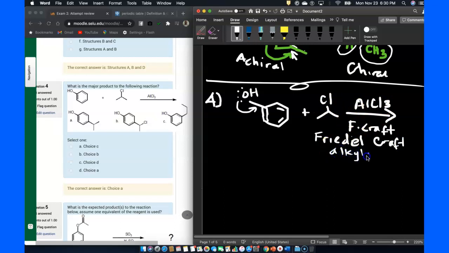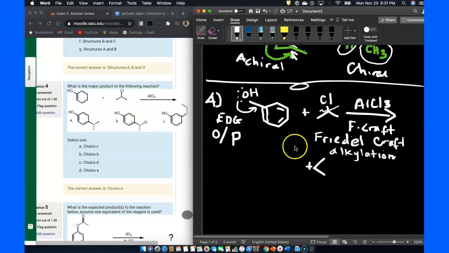Now, I've identified the 2 important pieces of information I need, so I come back to the original molecule. So if this OH is an electron donating group, and you do have a table in your book that shows you which groups are electron donating, which are electron withdrawing. Electron donating groups direct incoming electrophiles to ortho and para position. Our electrophile will simply be the carbocation that falls off after the Cl falls off. You have the mechanism in your book.